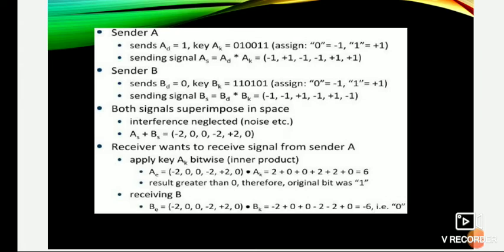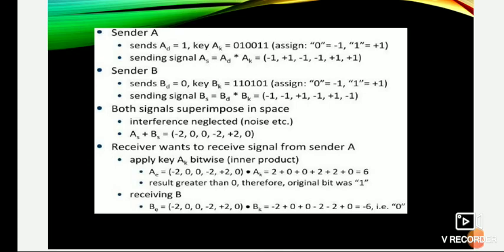When we find the product of these values, minus 2 into minus 1 we get 2, 0 into plus 1 we get 0, 0 into minus 1 we get 0, minus 2 into minus 1 we get plus 2, plus 2 into plus 1 we get plus 2, and 0 into plus 1 we get 0. Adding everything we get a value of 6. The result is greater than 0, therefore the original bit was 1.